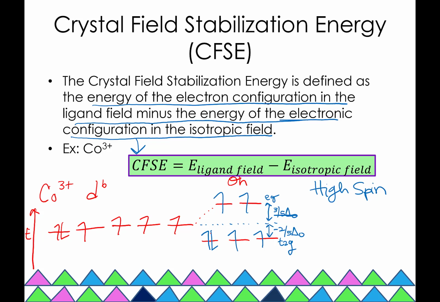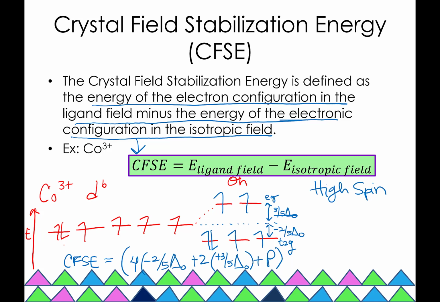So if we calculated our crystal field stabilization energy, it would be the energy in the ligand field. So we're going to say that we have 4 electrons that have decreased by -2/5 delta octahedral and 2 electrons that have increased by 3/5 delta octahedral. And then we also have 1 pair of electrons, so we're going to add on a pairing energy. We're just going to call it Pe for pairing energy, or you could even just call it P, just to represent that pair.